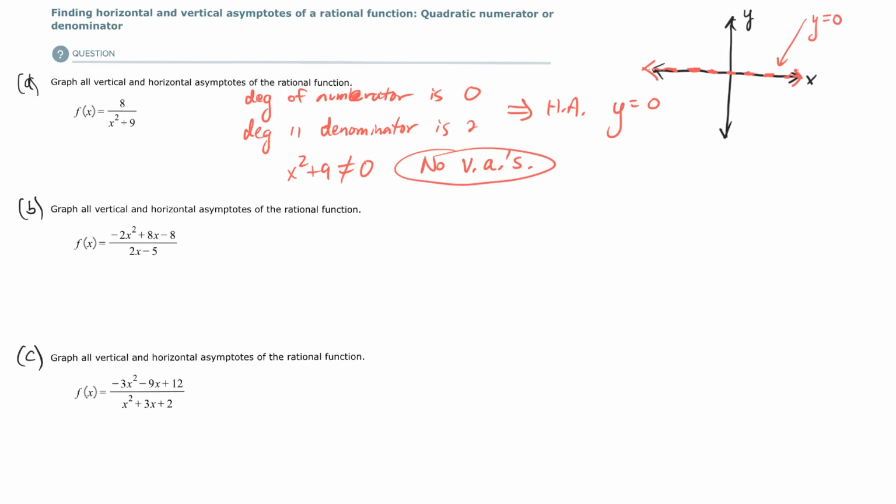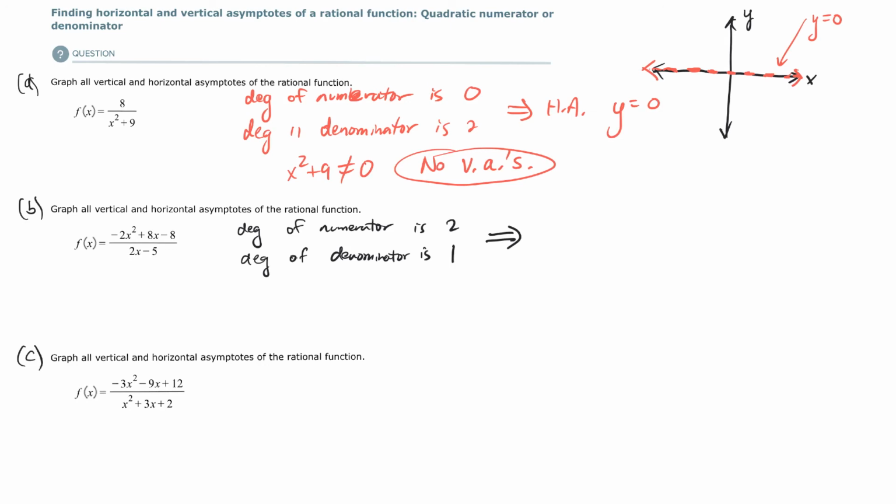Let's look at example B. Let's find the vertical and horizontal asymptotes of this function. This time the degree of the numerator is 2 and the degree of the denominator is 1. So if that happens, the degree of the numerator is 2, which is greater than the degree of the denominator, which is 1.